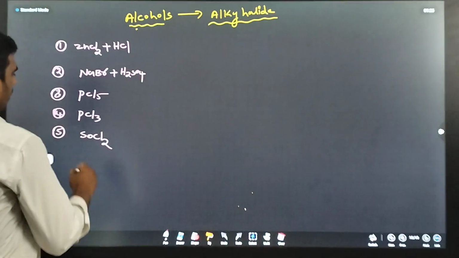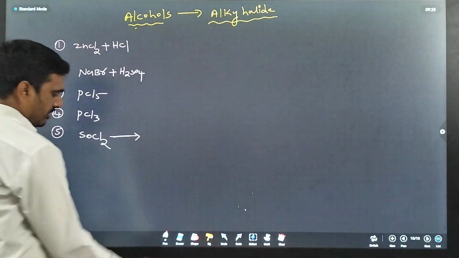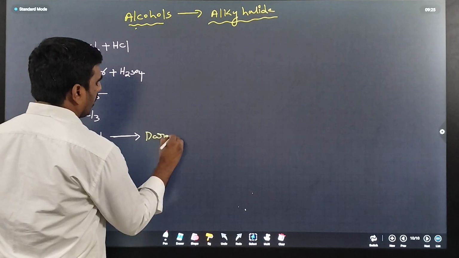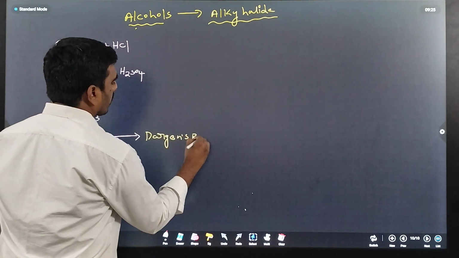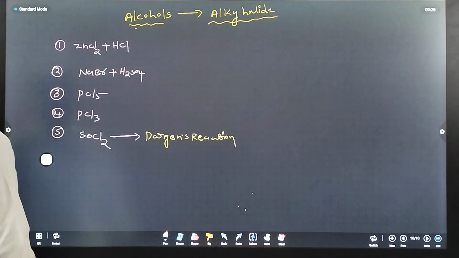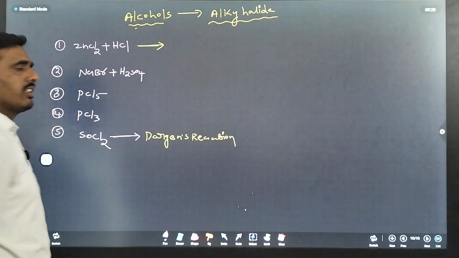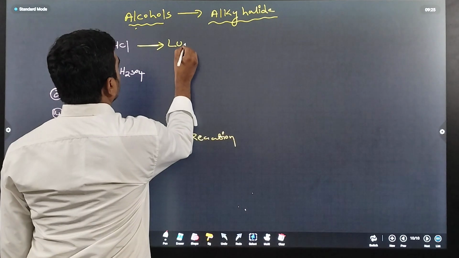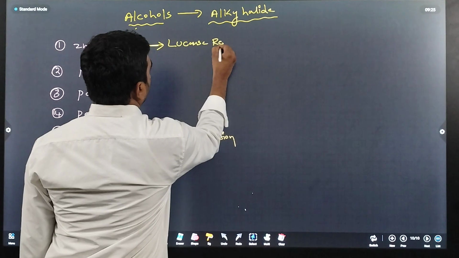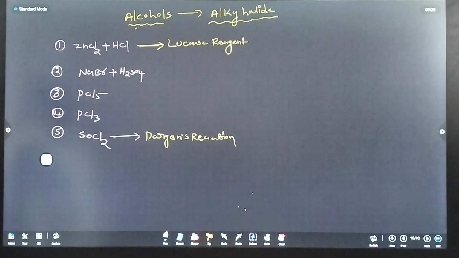So we know that this is a famous reaction, the Darzens reaction. And this is the famous test for identification of alcohols, the Lucas reagent.